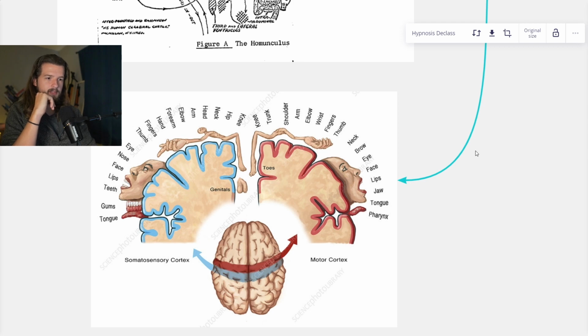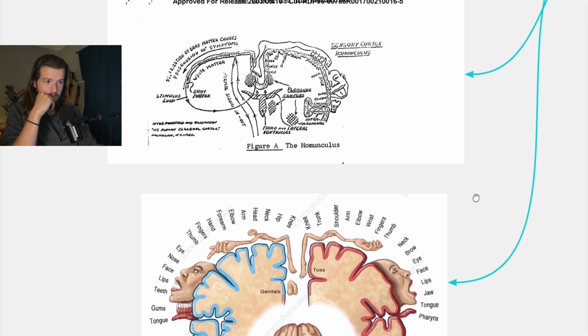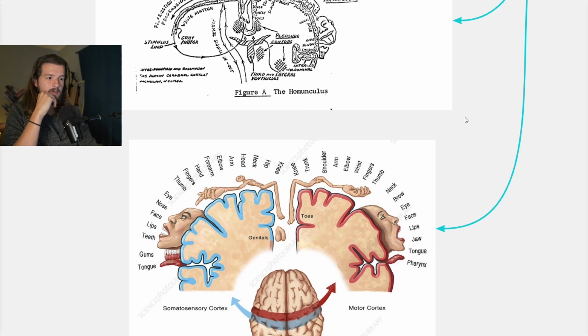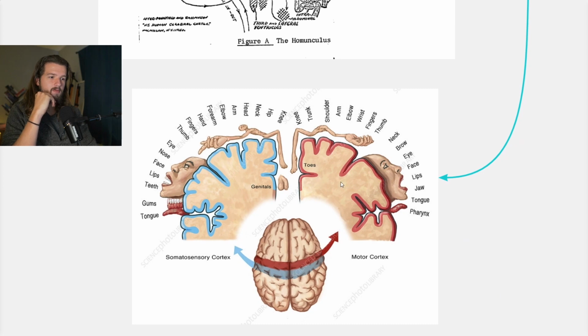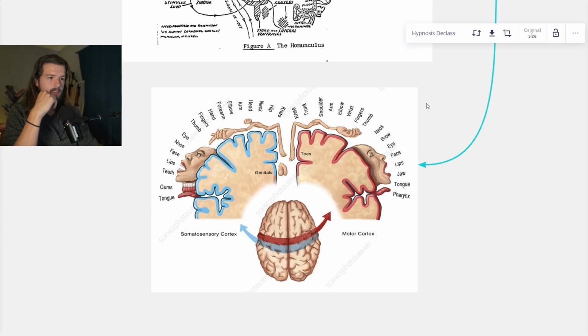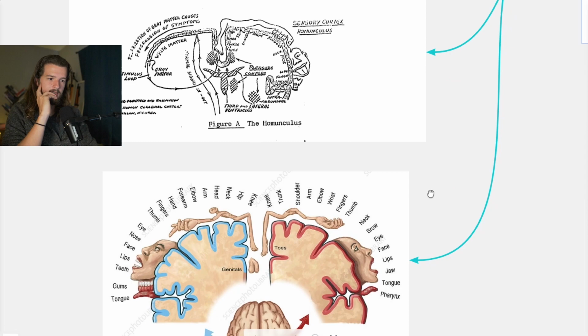If you can suggest something without the analyzing part of the conscious mind, if that makes sense. So when we're talking about the homunculus, you can see that there are different parts of your brain, and when you activate it, it activates certain things within your body. It looks very technical, but it isn't really that difficult to understand.